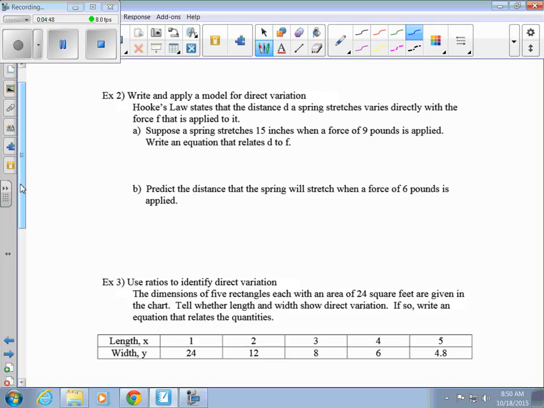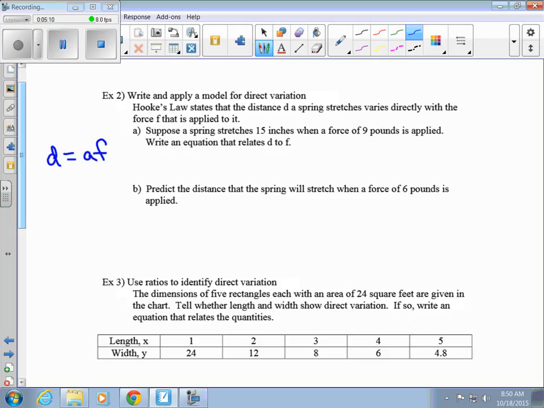It says that d varies directly with F. Whatever varies directly is going to go on the left side, with the force on the right side.